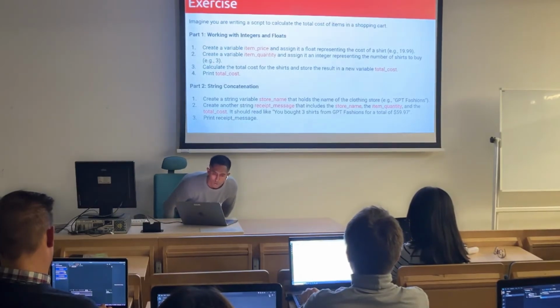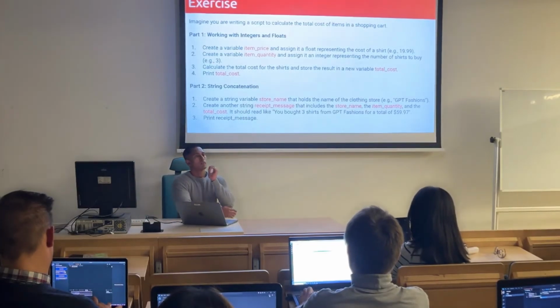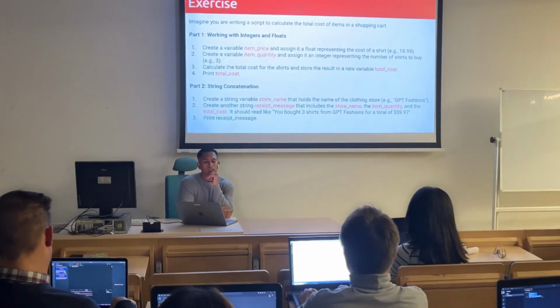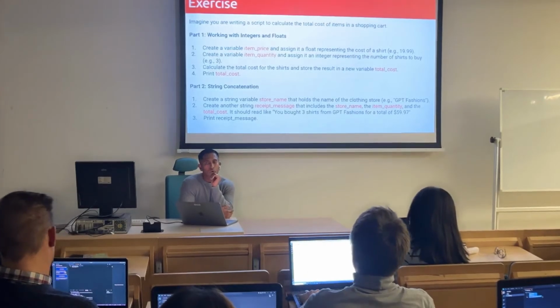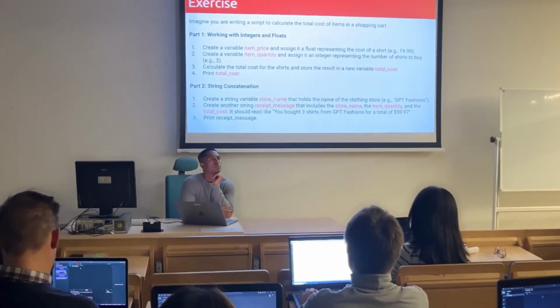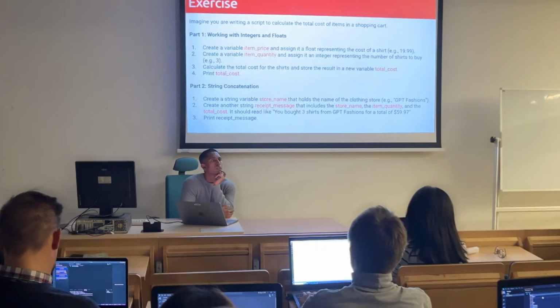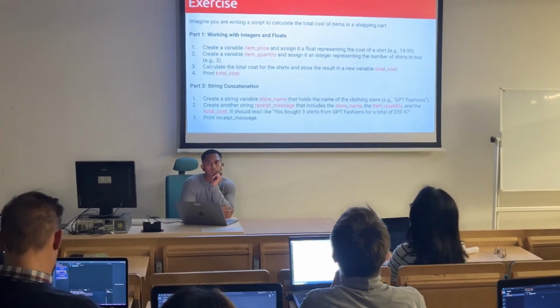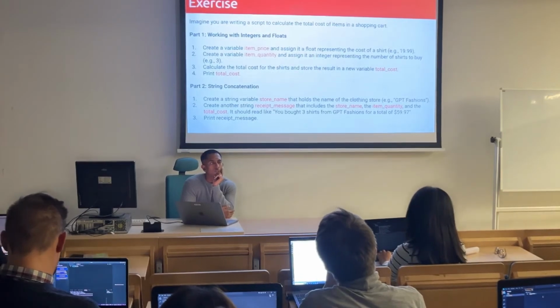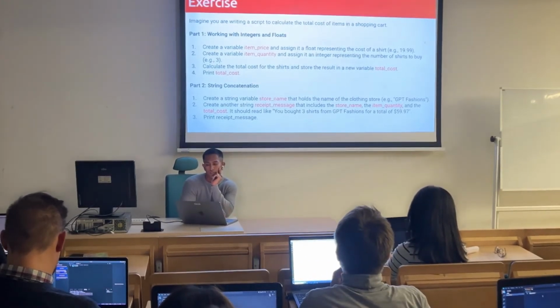So according to this, read the first one. What is it telling us? It's telling us to create a variable called item price. Do we know how to do that? So let's do that. And you will create this variable and then assign it a number.